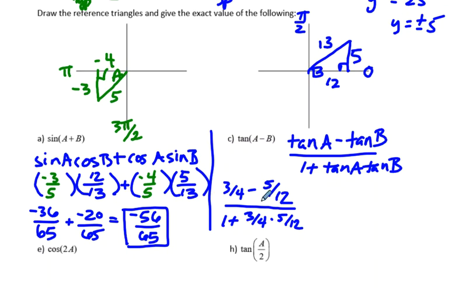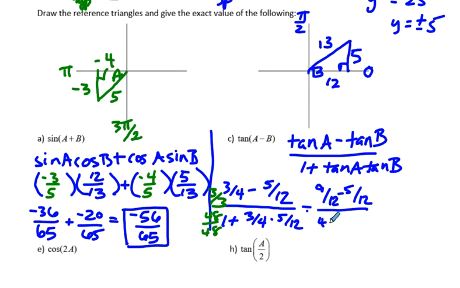Alright, so we want to combine these two with a common denominator, so I could multiply the first one by 3/3. And that will give me 9/12. So I have 9/12 minus 5/12. And I want to combine with a common denominator down here too. This is going to give me 15/48, so I need to make this 48/48.